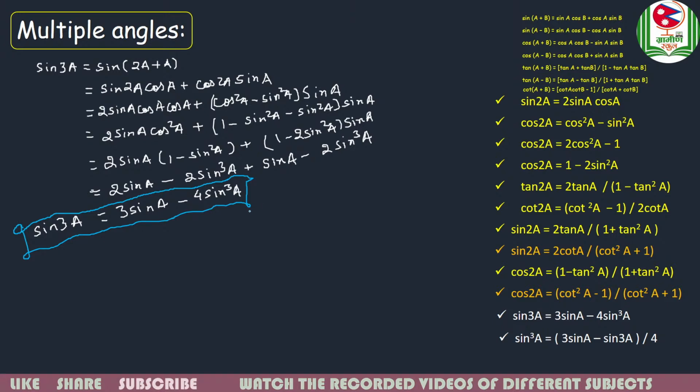Okay, now we can express these identities in the form of sin 3A. For that, what we will do? We have this sin 3A equals 3 sin A minus 4 sin cube A. So we will change the side of sin 3A.